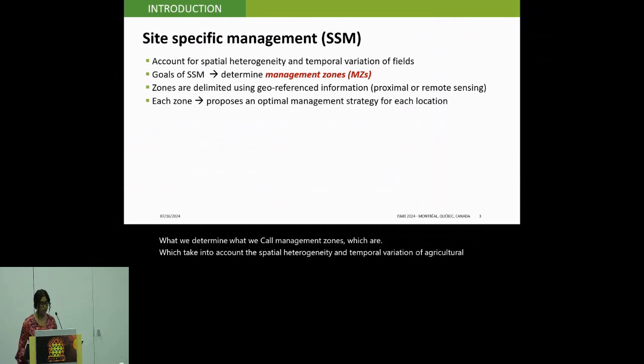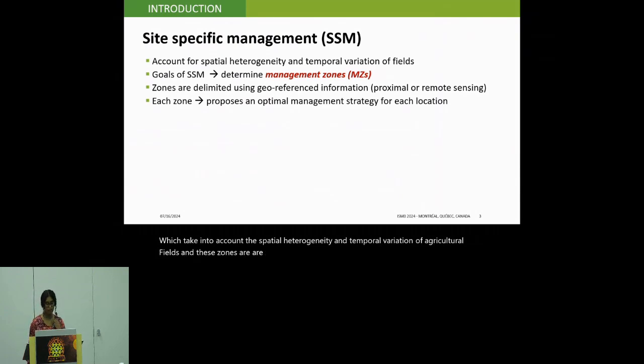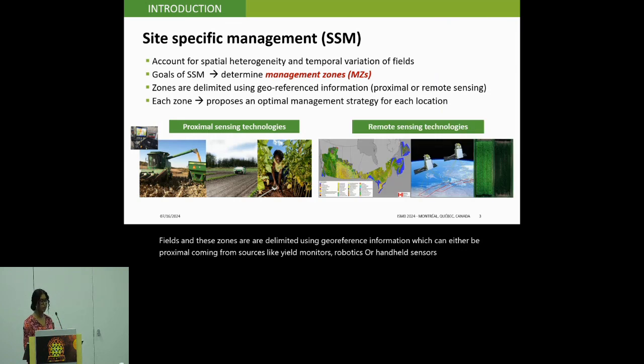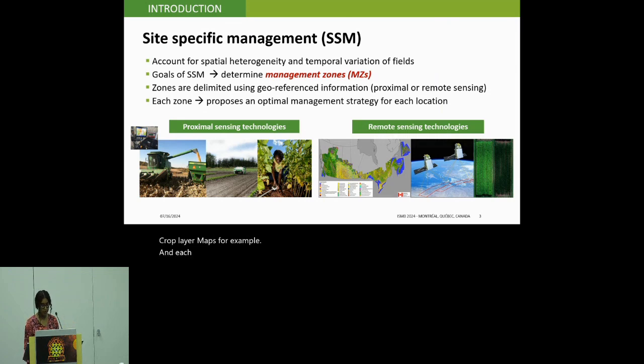And these zones are delimited using georeference information, which can either be proximal, coming from sources like yield monitors, robotics, or handheld sensors, or using remote sensing technologies like satellite images, drone images, or crop layer maps, for example. And each zone proposes an optimal management strategy for every location on the field.